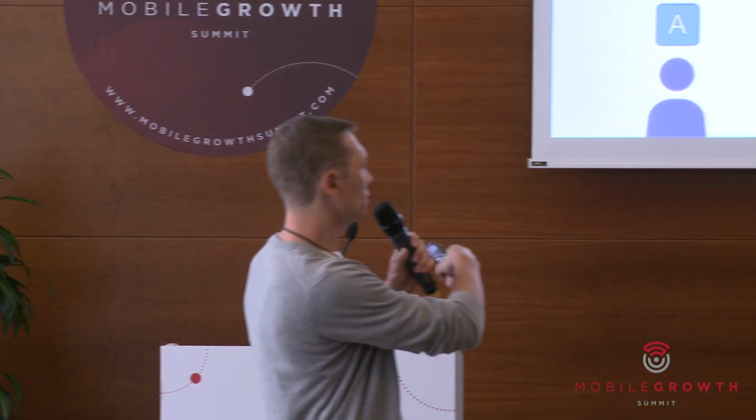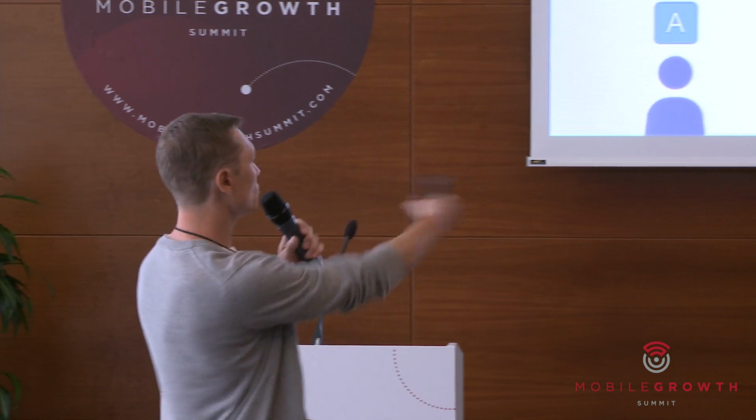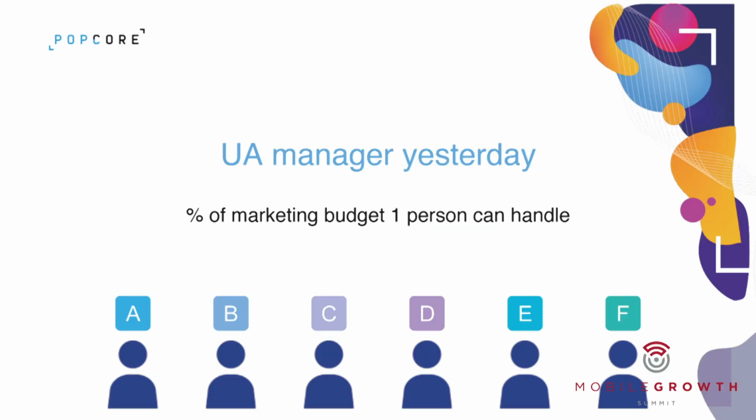And therefore, you have to split responsibilities. So maybe you have 6 UA managers managing 6 different apps, or maybe you are 6 UA managers managing 6 different channels, but 1 app. This is how you solve your complexity problem. And also, you not only manage campaigns, but you need to combine and compile different data from different dashboards.